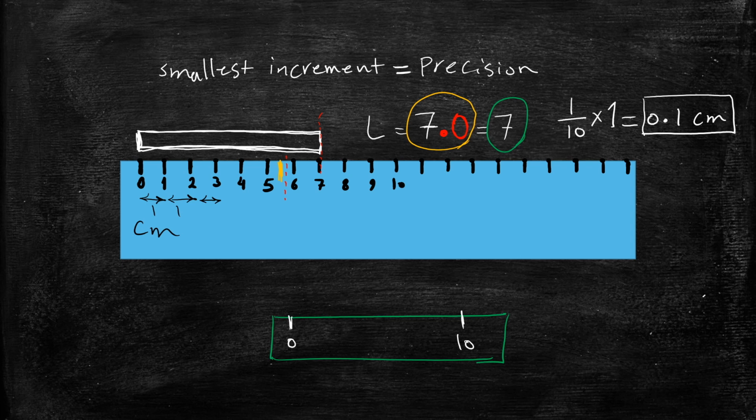That's it. So that digit communicates that the measurement tool used is this one, which is ridiculous. There's no ruler like that, really, that has from 0 to 10 centimeters.